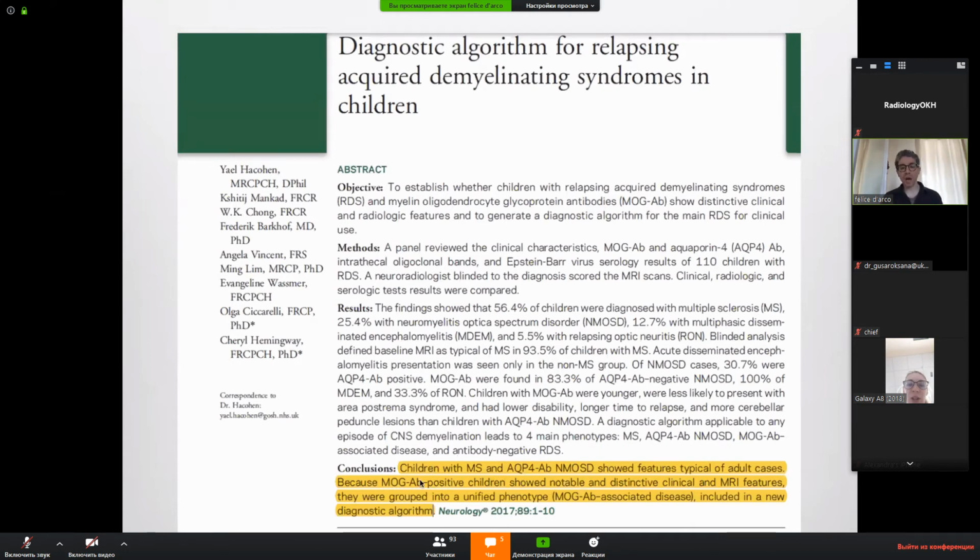And she figured out that children with multiple sclerosis and aquaporin-4 neuromyelitis optica spectrum disorder actually show features typical of the adult cases on radiology, very similar. The ADEM looks like something different, and MOG antibodies were found positive in all the children with relapsing remitting ADEM. It can be a bit confusing. I will try to be a bit clearer in the next slide.